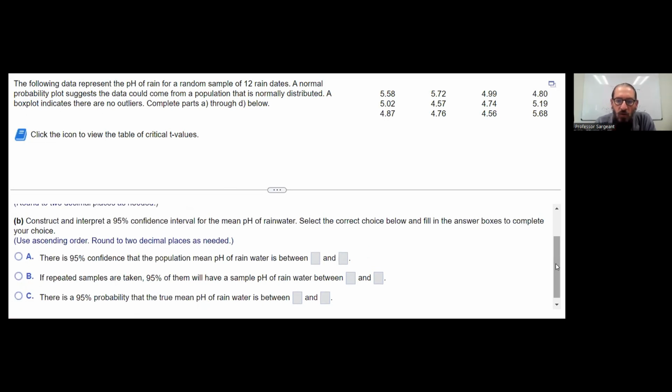Construct a 95% confidence interval. Now we will need to use the standard deviation shortly. For a 95% confidence interval, you would subtract the 95 from 100, divide that by 2, and convert that from a percent.